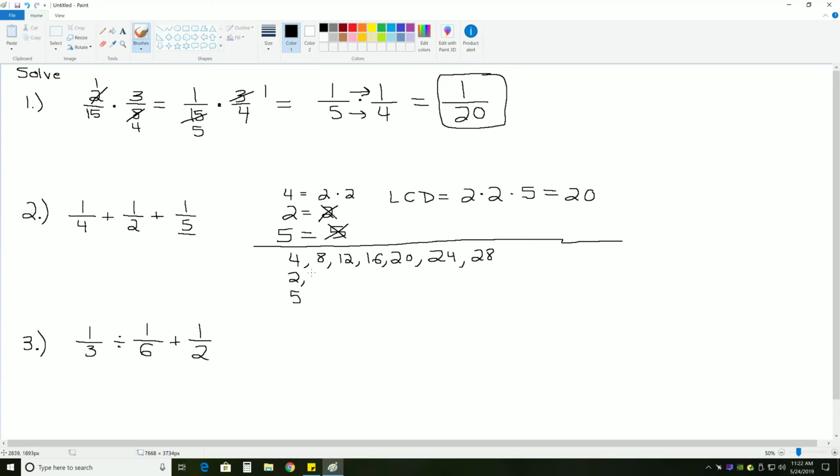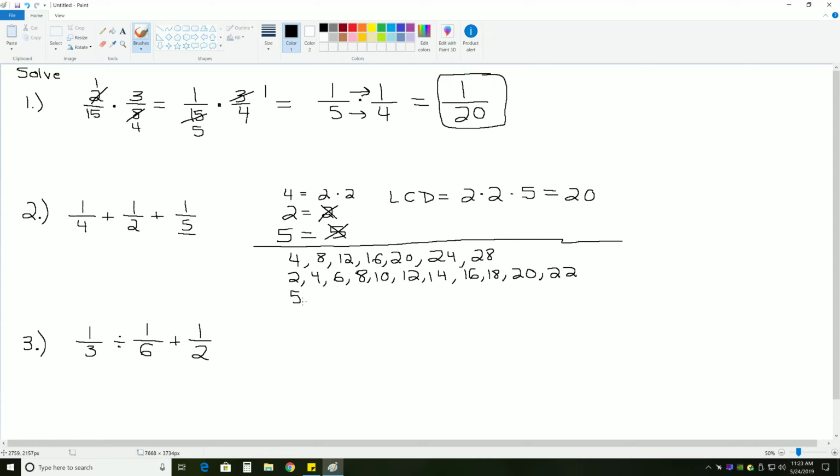2 times 2 is 4, 2 times 3 is 6, 2 times 4 is 8, and you'll just keep doing this. Times 5 is 10, times 6 is 12, and you'll notice why this method takes so long, because we're going to have to keep going until we get a number that matches between all three of them.